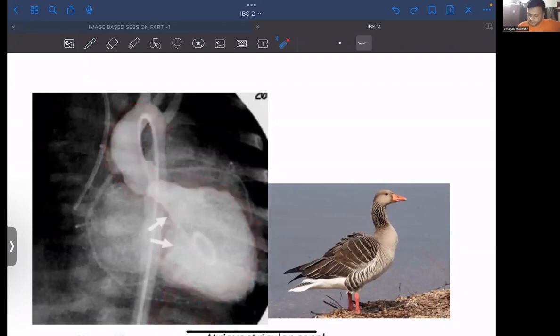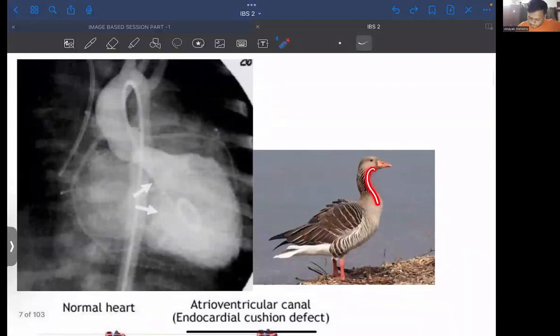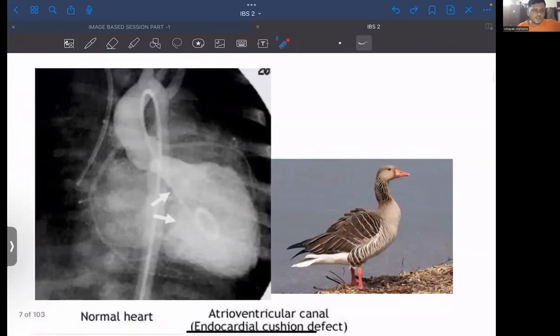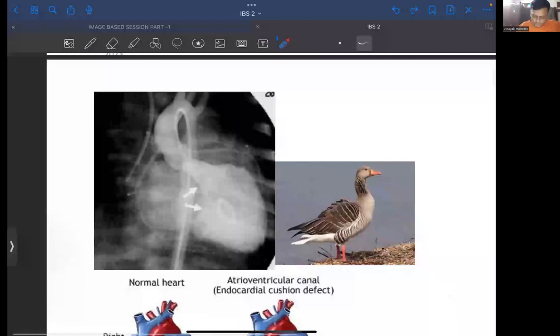It looks like a goose, right? It is called goose neck deformity.